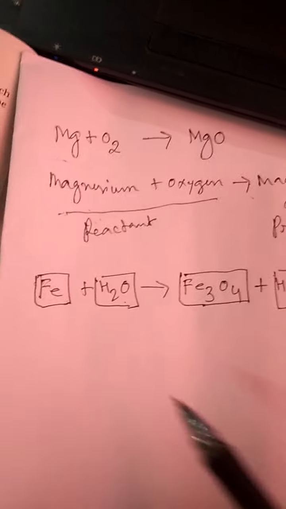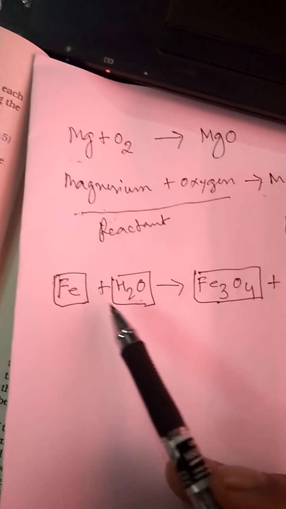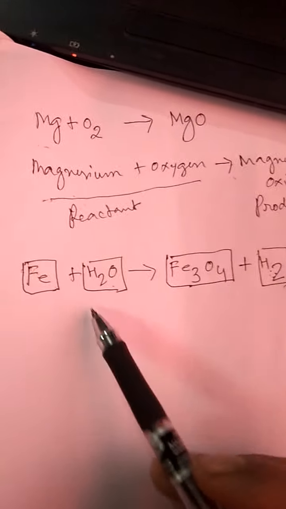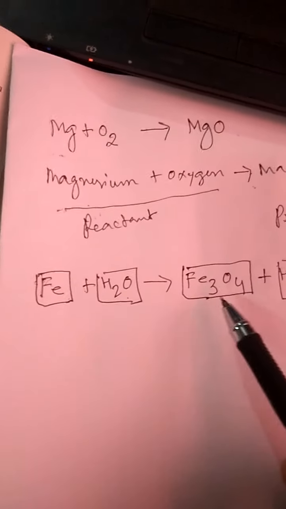Now in the second step, we are going to count the number of atoms on the reactant side and the number of atoms on the product side.